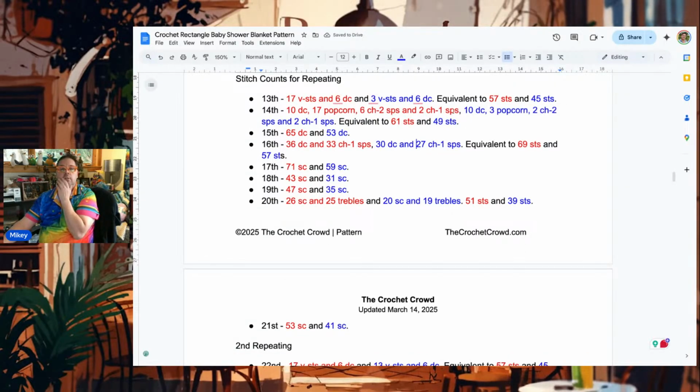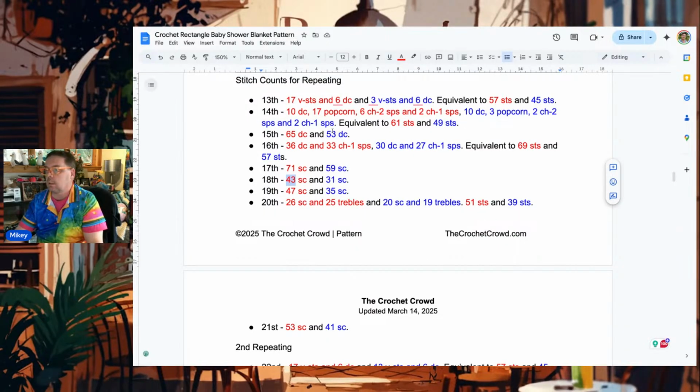So 57, 60, 65, 69, 70, number 18, 73, should be 61, 75.